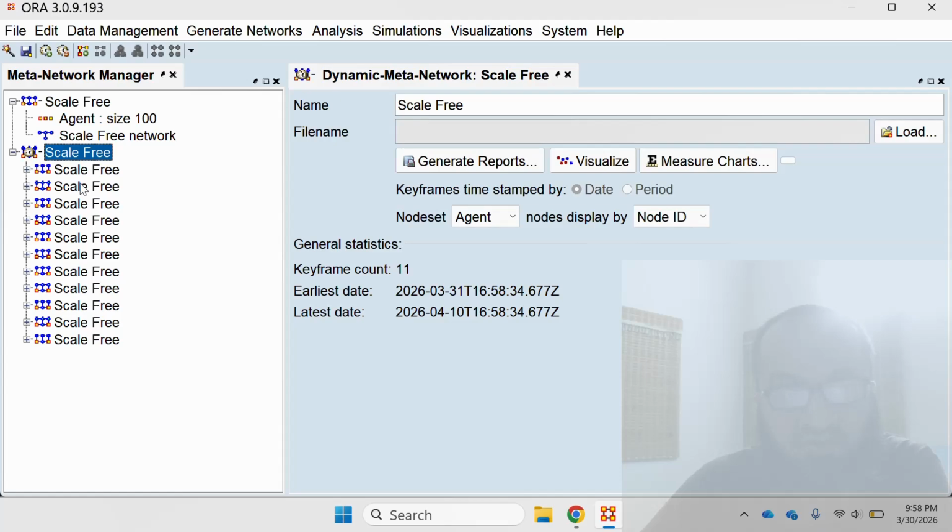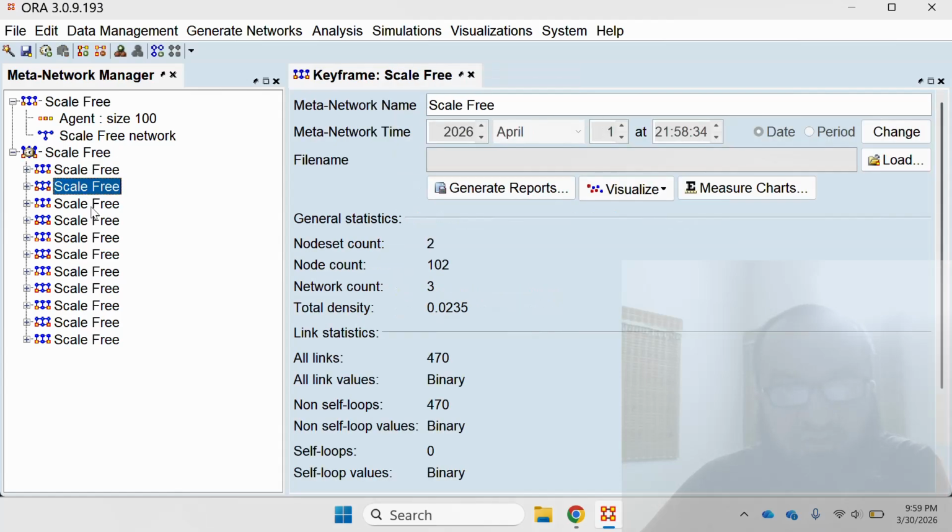We see there are 11 instances. You see over here, this is March 31, which is the date tomorrow. For every day, it's assuming the simulation is run every day. These are the dates, so every day the transfer of money takes place.